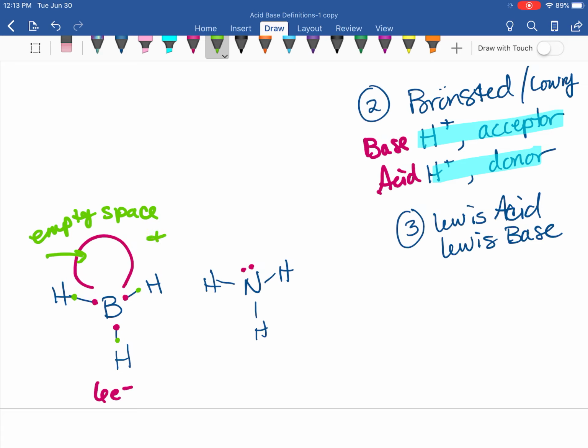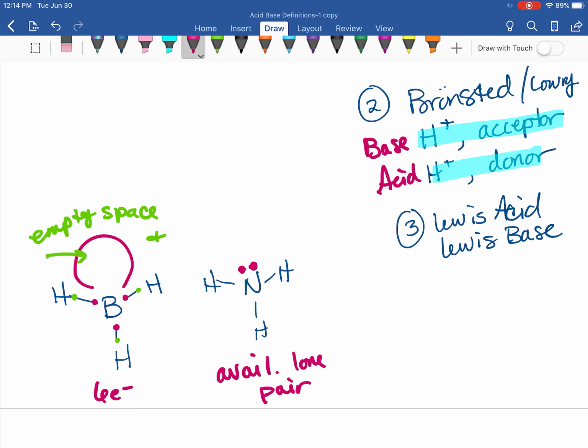So it doesn't get any more positive than that, right? If you've got empty space, you've got this big positive empty hole there. It's not quite charged. This is neutral, but you've got empty space there. And then with your nitrogen, we saw in our last example that these electrons are actually quite available. You've got a nice available lone pair.